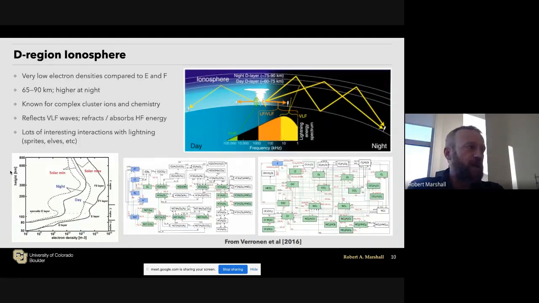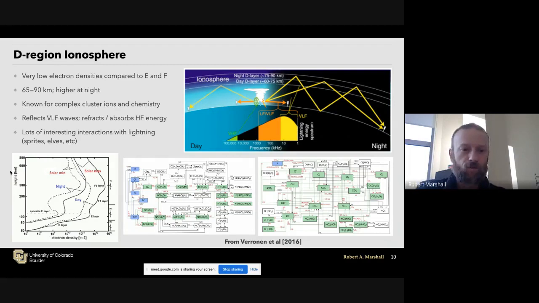So this D region ionosphere that I mentioned is a region that any of you who study the ionosphere probably ignore. It's the lowest altitude region of the ionosphere, the very bottom shelf. The densities are very, very low compared to the E and F region, 1 or 2 or more orders of magnitude lower than the E region.